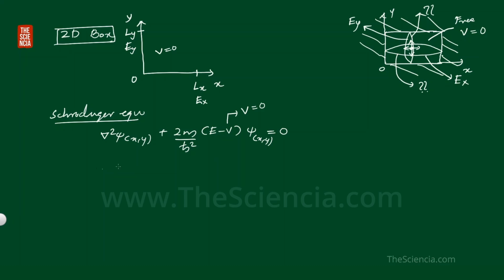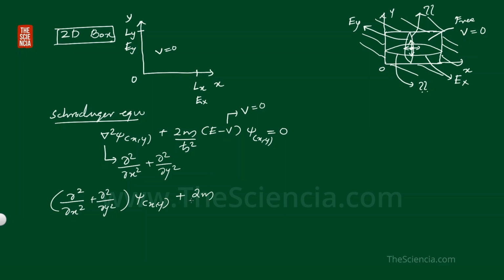So we can substitute in this Schrodinger equation del square, which in the 2D case is dou square by dou x square plus dou square by dou y square, into psi of xy, plus 2m by h cross square into E, where V is equal to 0, into psi of xy is equal to 0.